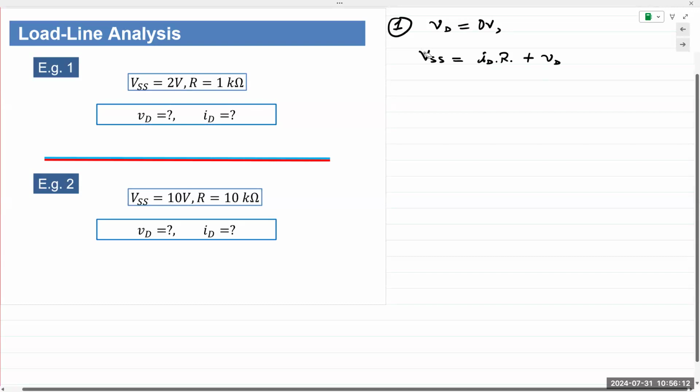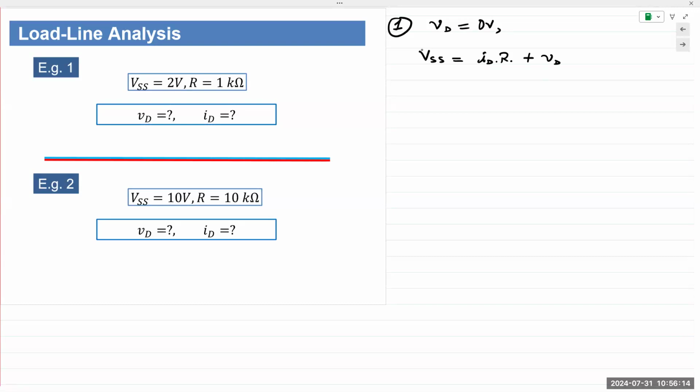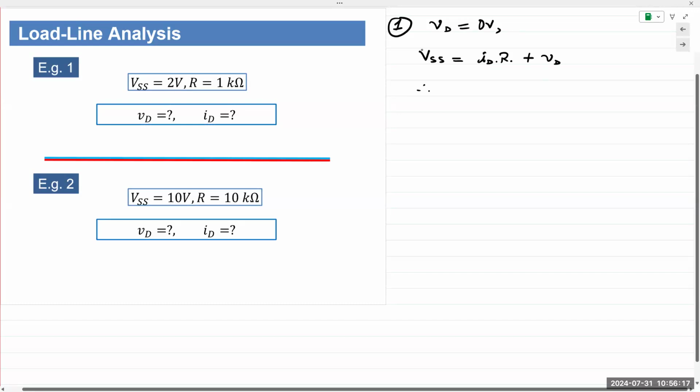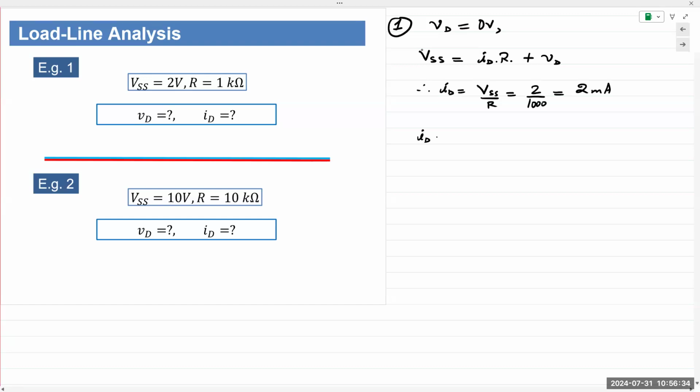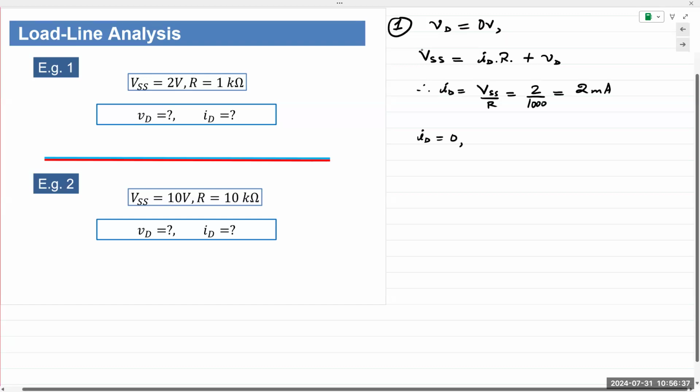So when we plug in VD equal to 0, we get ID equal to VSS over R, which means it's 2 over 1000, so 2 milliamps. When ID is equal to 0, VD is straightforward, equal to VSS, which is 2 volts.